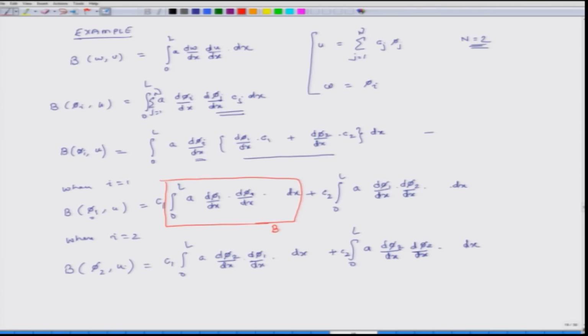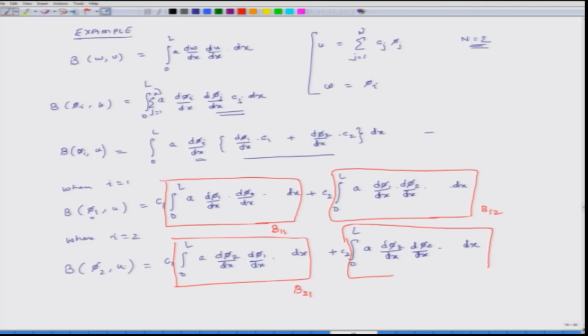And then this term is B11. This integral term is B12. This integral term is B21. And this integral term is B22.